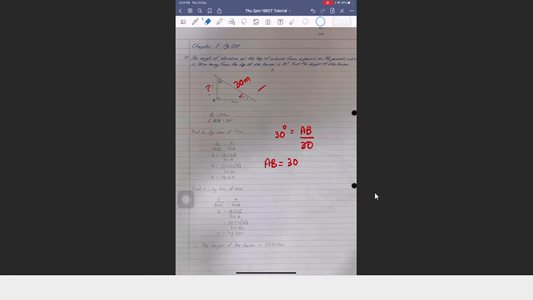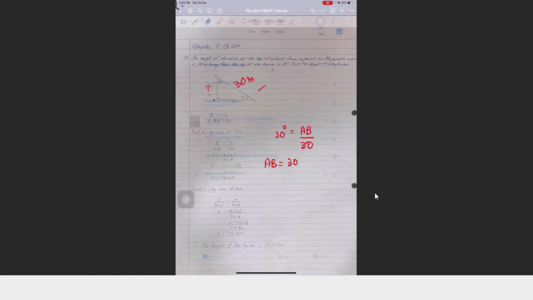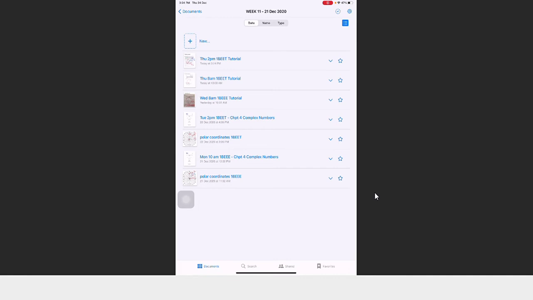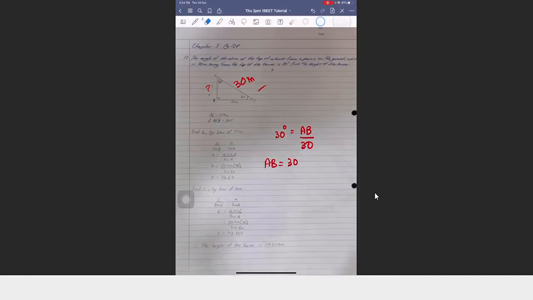Because if that is 30 meters there, what you want is, you know this is the 30 meters. Angle 30 is here.